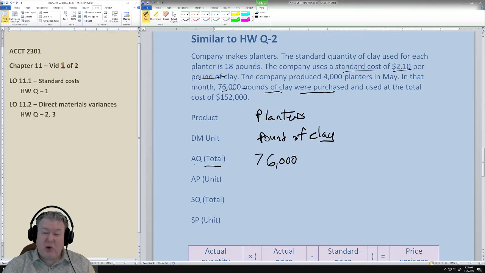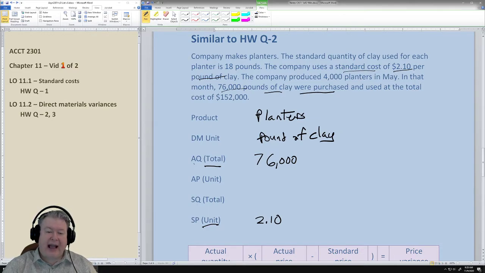They could say a planter sells for this much and we budget the standard cost for a pound of clay is this much. Well, you'd have to recognize it's the second thing. It's the pound of clay that you're interested in, $2.10. And once again, remember, the prices are in units and the quantities are in total.